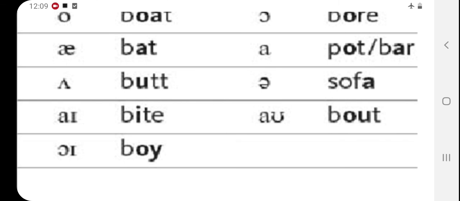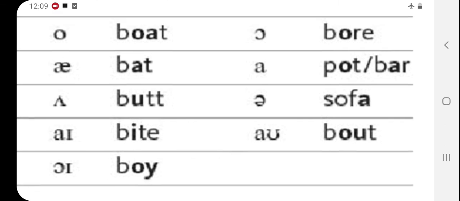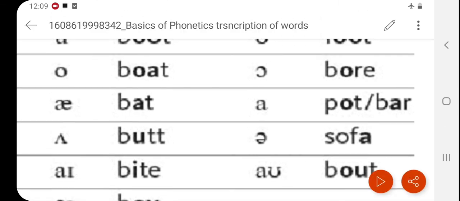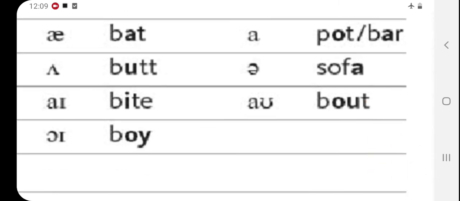Then we have the diphthongs given here. So let me tell you, we have diphthongs and triphthongs also. But first of all, we are discussing what these actual vowels are. Diphthongs are created by joining two vowels, and triphthongs are created by joining three vowels.